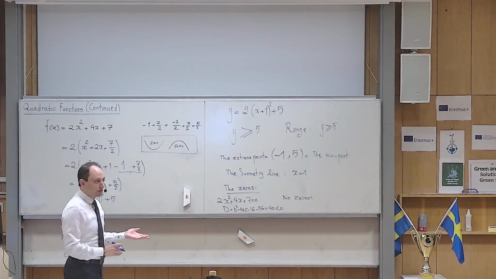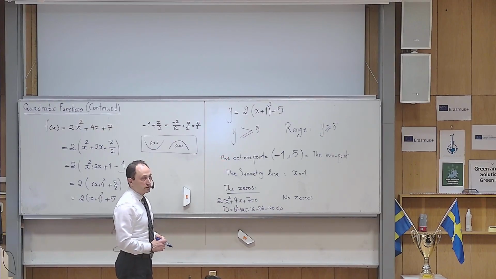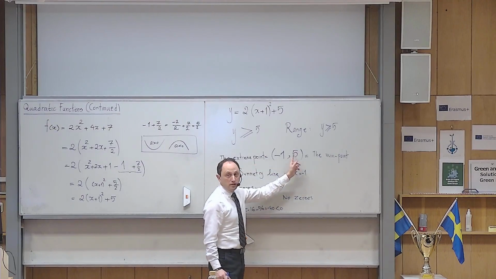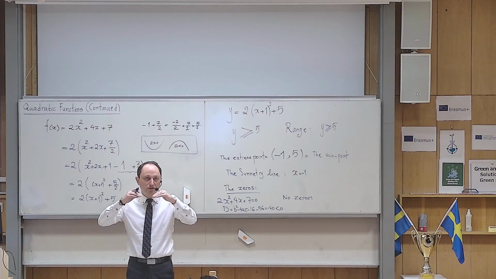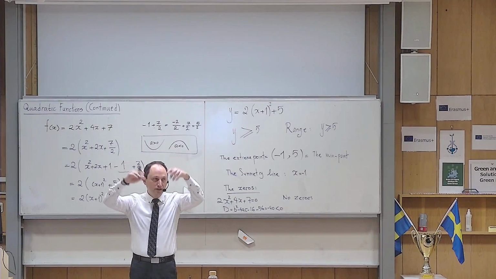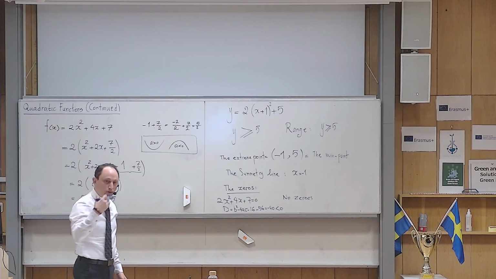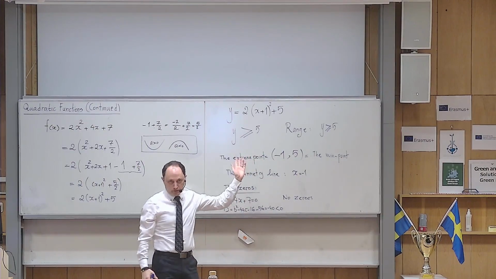And that is reasonable. Why? Because you yourself find that the minimum height is 5. So it means that the graph will be higher than 5. So there is no way that the graph can intersect the x-axis. So it was also predictable without calculations because the minimum is 5.